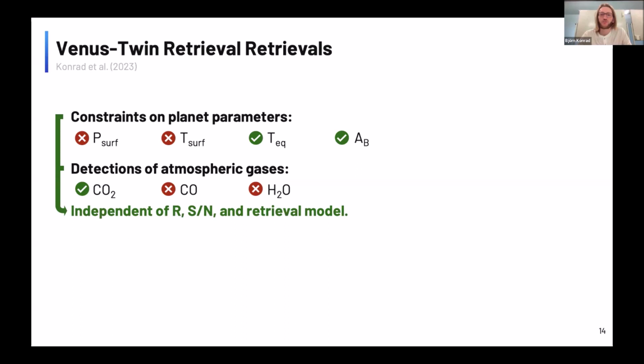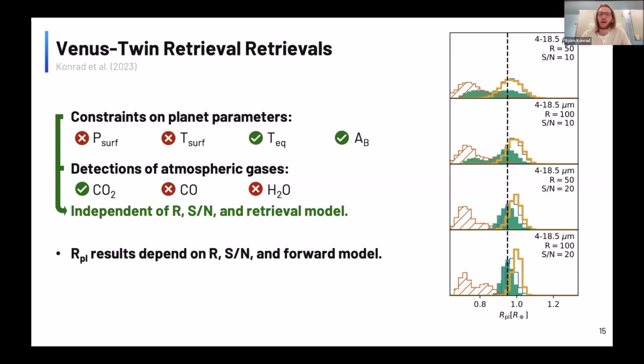Now, the question, of course, is, are there parameters that do depend on resolution and signal-to-noise ratio and also on the model that we use? And what we find in this study is that the retrieved planet radius really depends on the forward model that we use. And this is what I show here in this plot on the right.